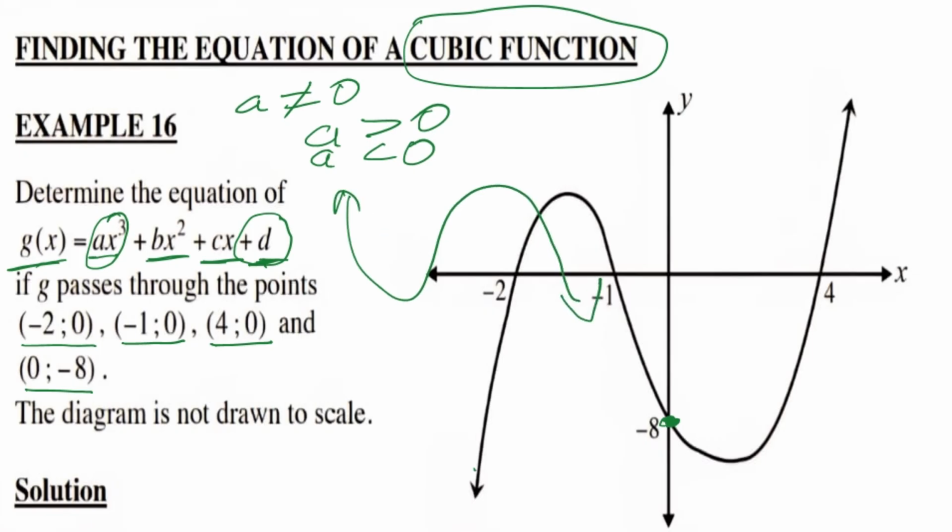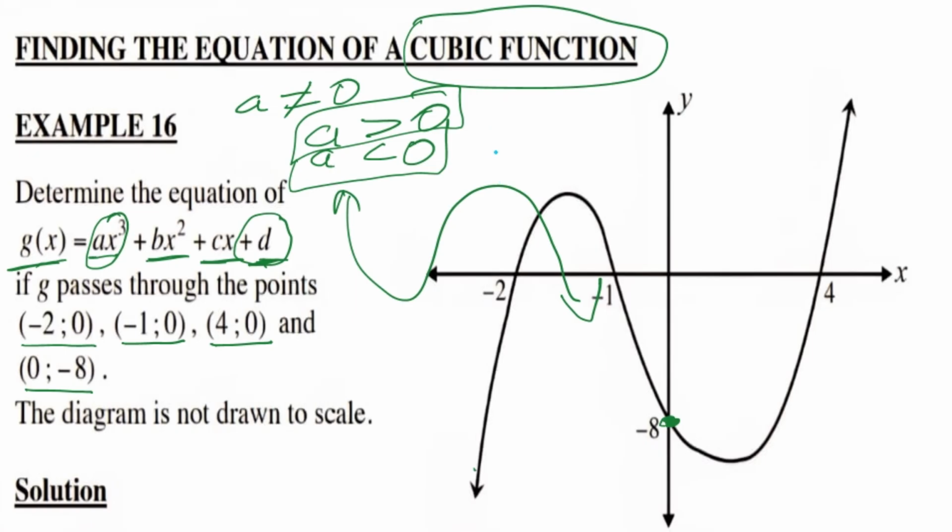So you can see that these two functions are not the same. This one has a positive a value, and therefore the shape looks like this. And the other one has a negative a value, so the shape will look like this.